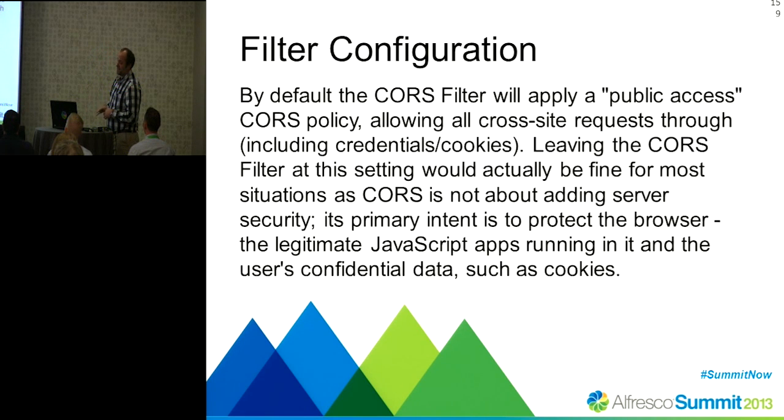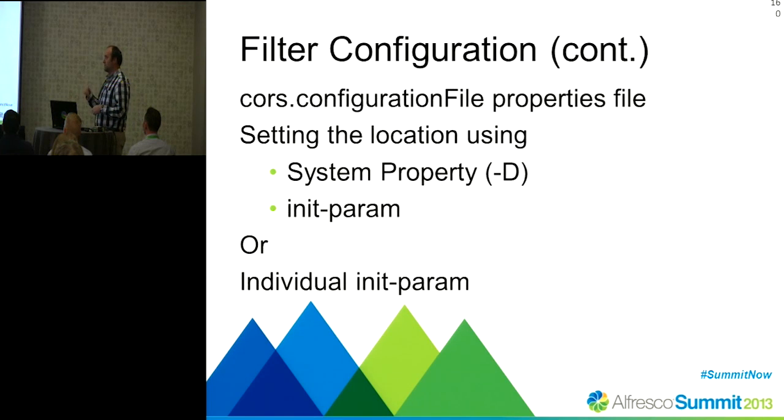But there might be a chance where you want to do some additional configuration to limit some of the calls or types of actions that occur on Alfresco. If you do some configuration, here's what you need to do. You either need to pass by system property when you start Alfresco the CORS configuration file to point to the properties file, or do it as an init param, or you can do all of these as individual parameters to configure that.